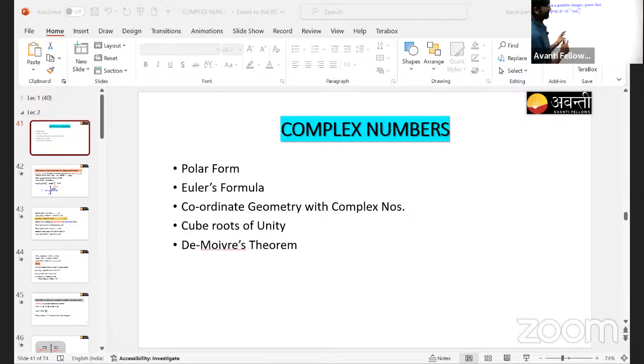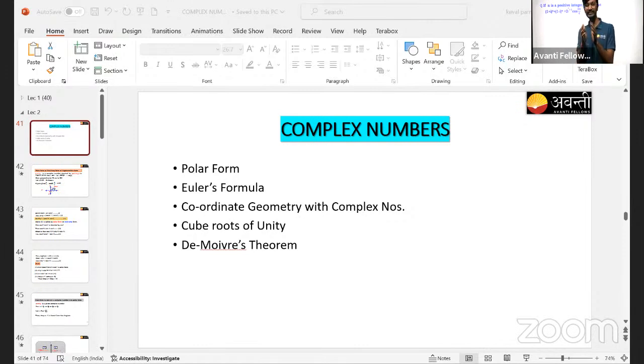Now, these are the questions where I said this will be very helpful. What? Converting a complex number of x plus iy form into a polar form. How? Because basically, let me tell you, the polar form or exponential form is used whenever you have some higher power.